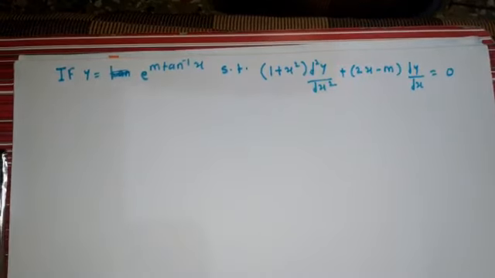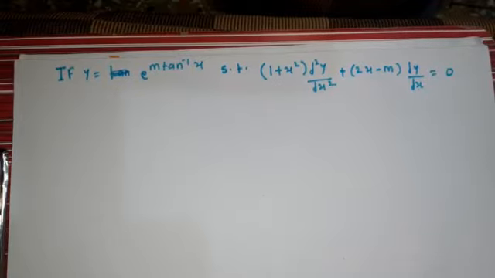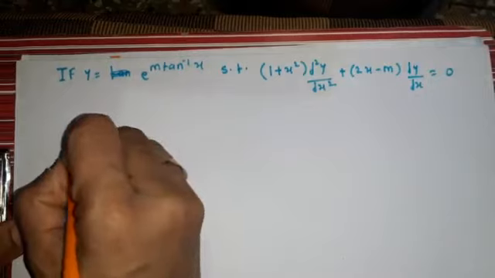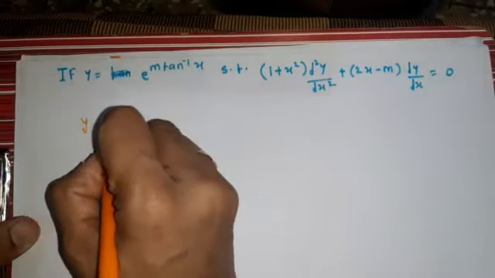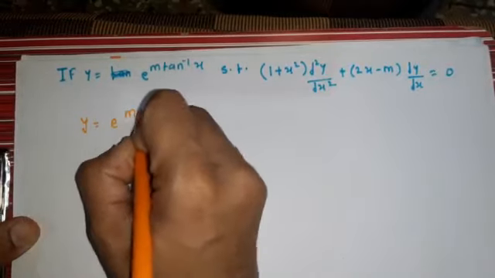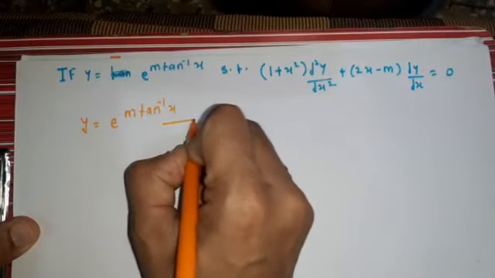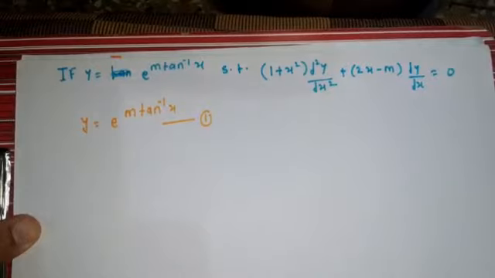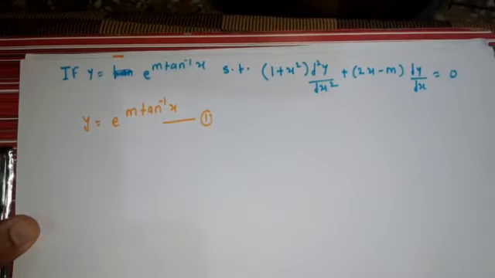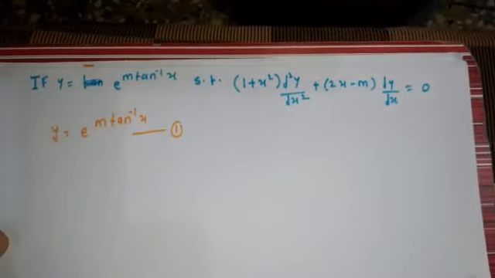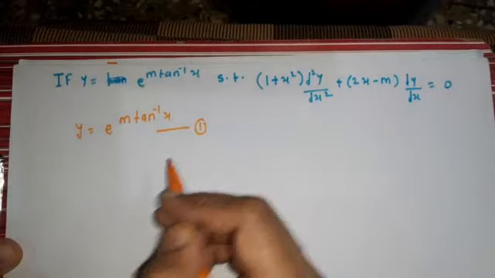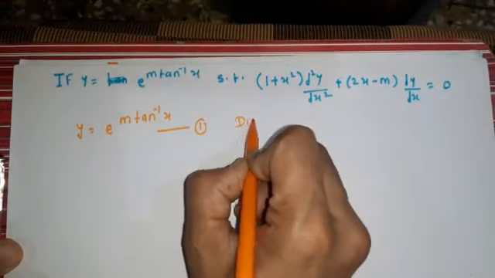Okay students, so let us consider what we have been given. We are given that y equals e raised to m tan inverse of x. Suppose this is 1. Now differentiate this with respect to x.